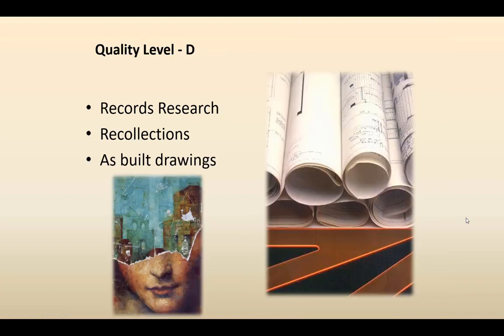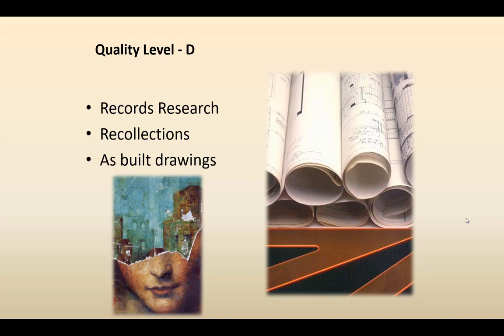So quality level D is record research, recollections, as-built drawings. Very interesting point to note here. Generally, the people living in a particular area for a long time know a lot about the utilities which have been laid there in their lifetime. Now, till now there was no process where you can actually put this kind of information on record.